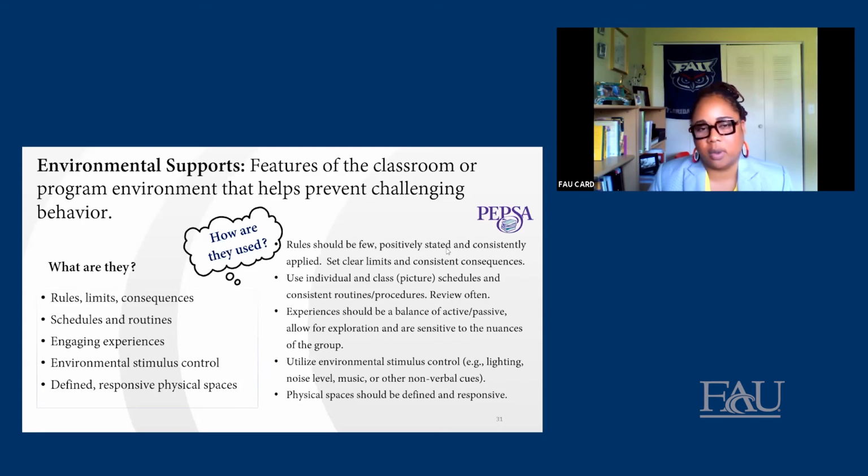So again, you have to know your children and decide which is appropriate and when. Physical spaces should be defined and responsive to child need. Think about the size of your children. Think about how your children can move around and free flow from one part of the room to the other, looking at how they can access materials. Some of it without asking you, some of it with asking you.